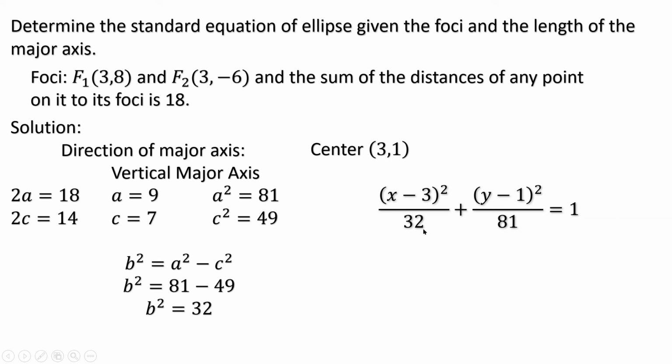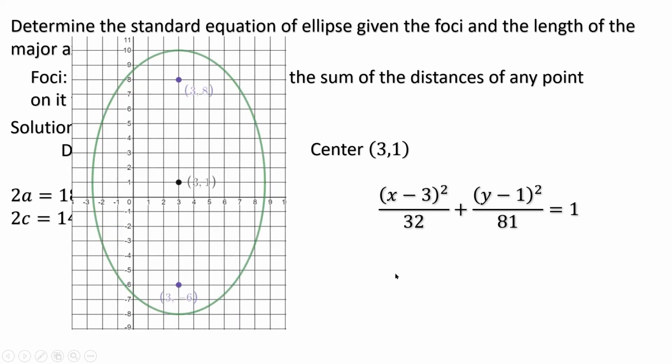Since our major axis is vertical and the y part of our foci is changing, 32 is for our minor axis, and the major axis 81 falls on the y component. So y minus 1 squared over 81 is equal to 1.